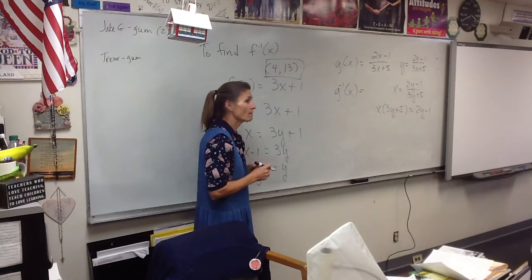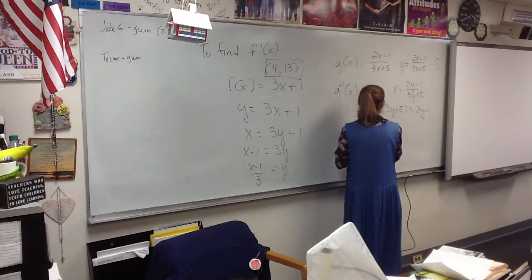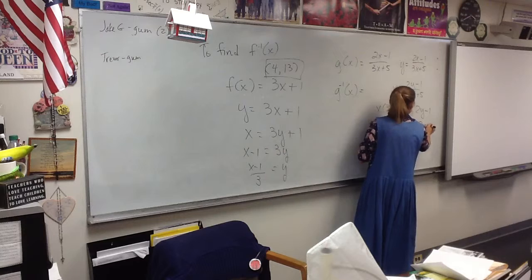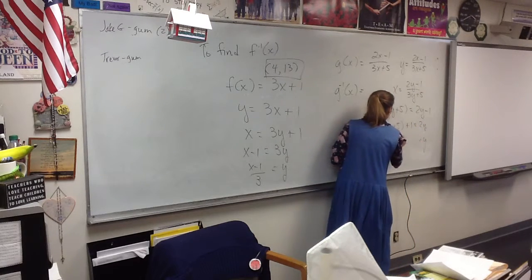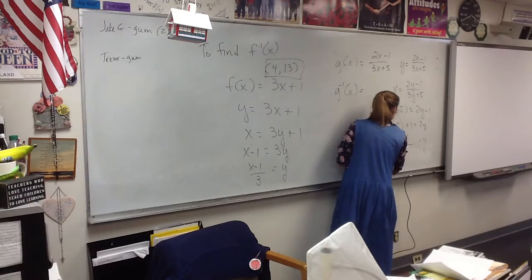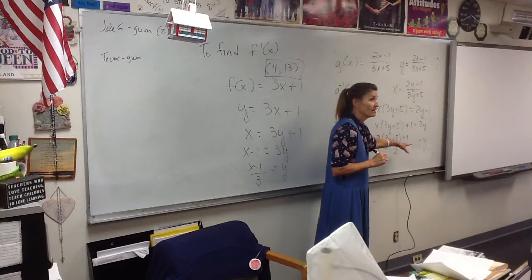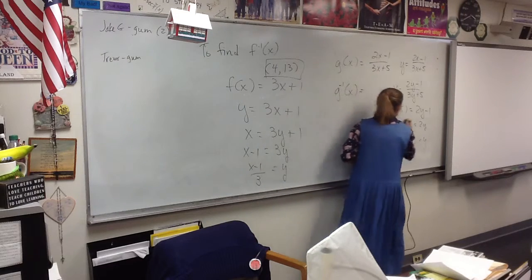You're trying to get y by itself. What some kids will try to do is, don't write this down because it's not right, but some kids will do this. They'll add 1 and then divide by 2. Now, do they have y by itself? Well, they got a y over here by itself, but there's still a y on this side, so that's not legal. We do not want to do that.